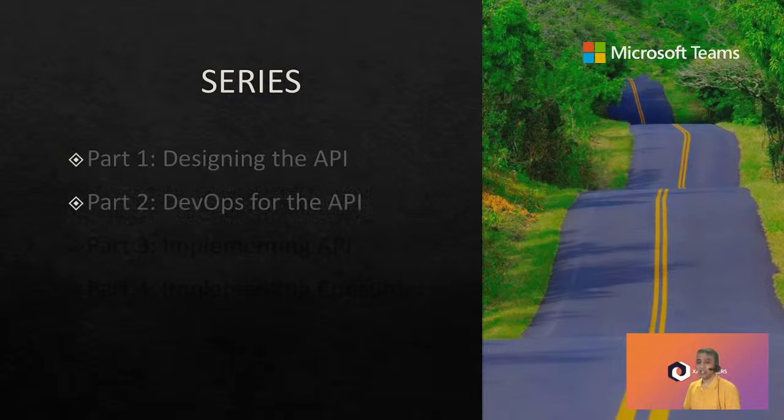Then in part 2, we did the DevOps for our API project. We created the infrastructure using Pulumi. Pulumi is an infrastructure as code framework that lets you build infrastructure as code using C#, the language that you know.